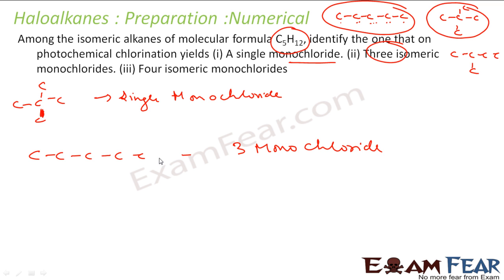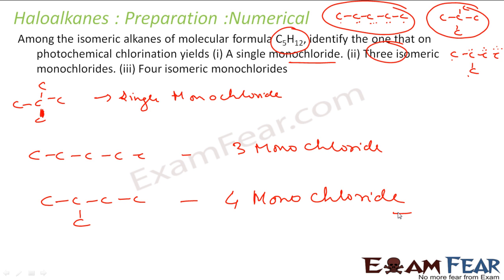Correct. And then I have 4 isomeric monochlorides. Let's see this one. In this, I have one possibility here, and these two are the same. One possibility here, one here, and one here. There are 4 possible options. So this will yield 4 monochlorides.